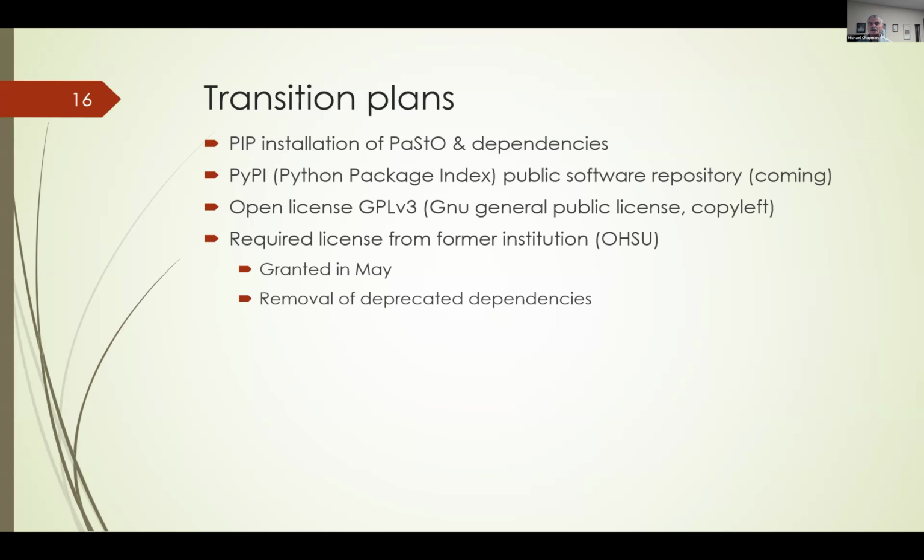And so in May, we received permission to proceed, subject to removal of some deprecated code that's no longer needed. Now, I have to indulge your patience in some of this because my day job is as a chair, and so my first responsibilities are to 25 faculty and their research and teaching missions. And then my second responsibility is to our funded research program, which is on the structure of gene therapy vectors.